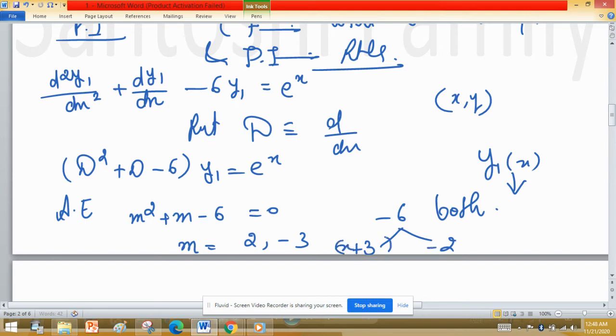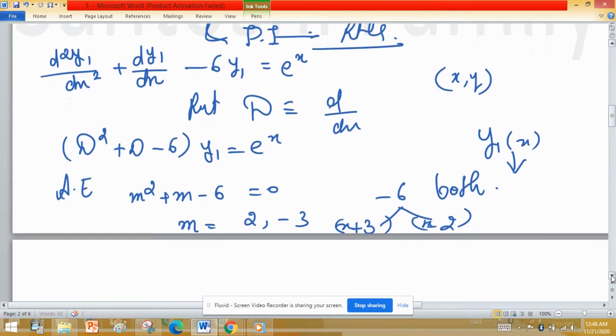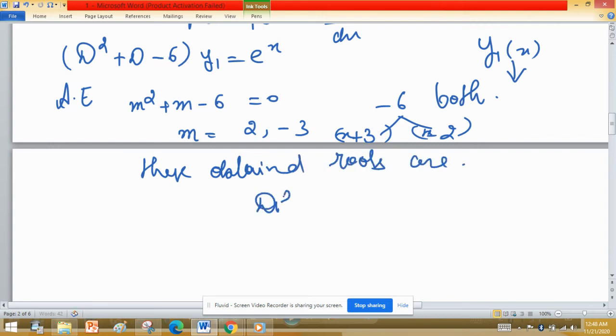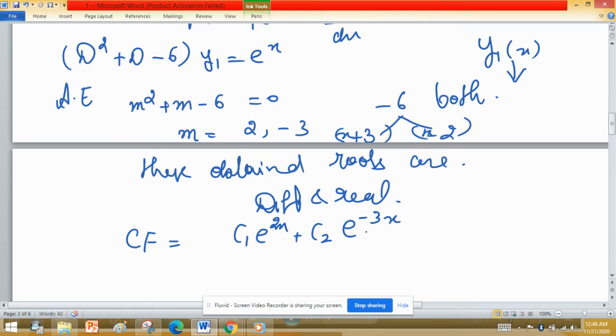So m + 3 and m − 2 both are factors. These obtained roots are distinct and real. So its complementary function will be c1 e raised to the power 2x plus c2 e raised to the power −3x. My hard work is done here.